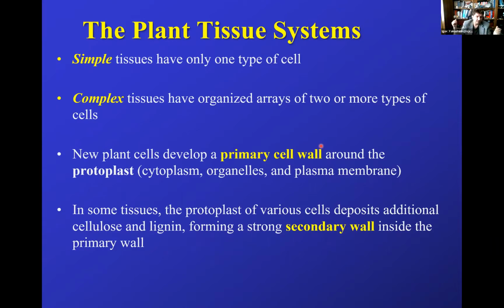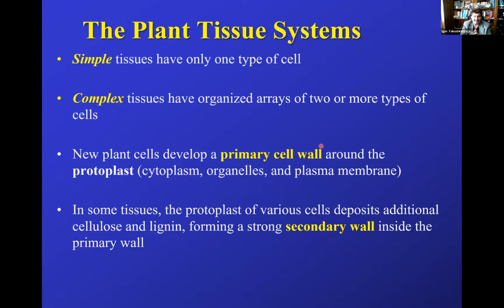It has some openings, so basically it keeps the cell intact, and then within the cell you'll have a cell membrane. In addition to cell wall, all of the cells will have a cell membrane, and then all kinds of organelles, chloroplasts most likely, and so on. Nucleus, and then the endoplasmic reticulum, Golgi apparatus, etc.